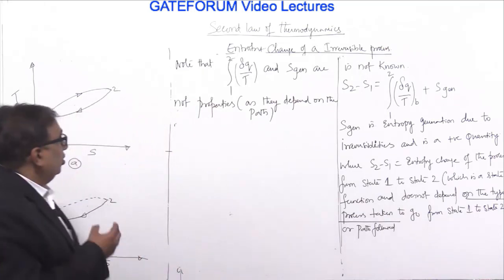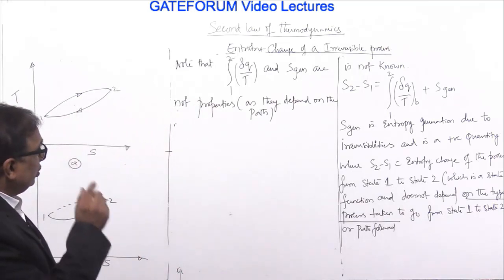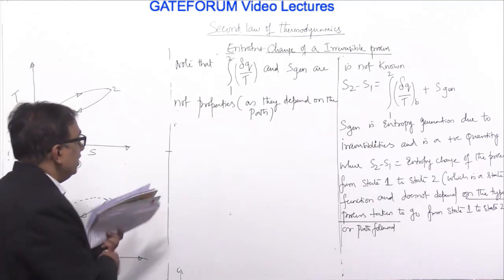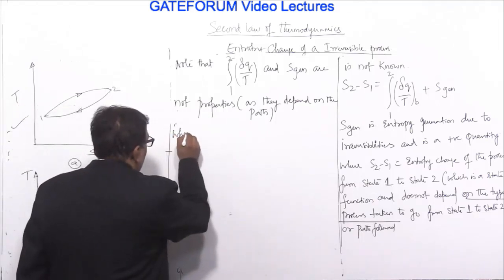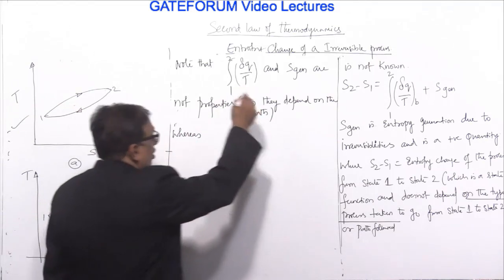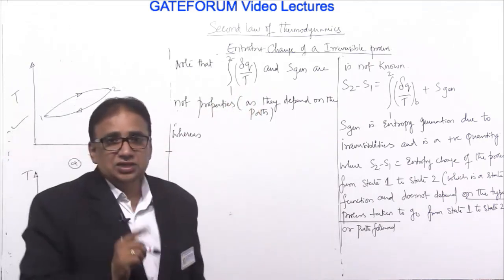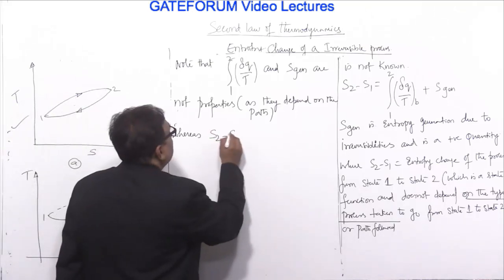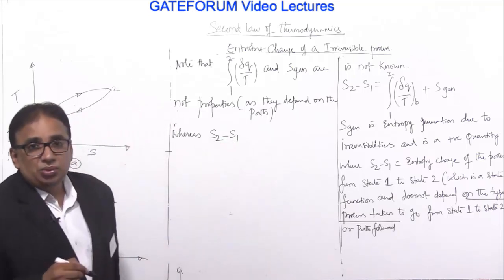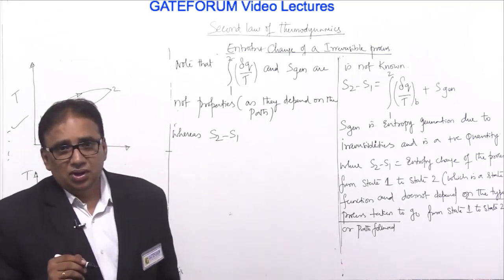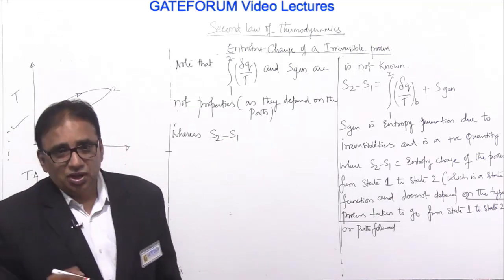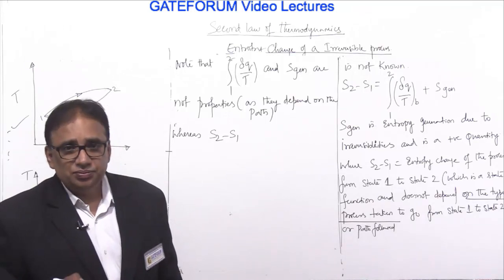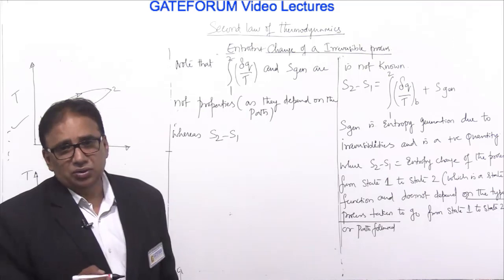So dq by T and S generation are not properties, as they depend on the path. Let us say this is you, and what is me? Myself is S2 minus S1, because I am bothered about how fast you come. How you are coming is up to you, but finally I see that this boy has to come in time, in 12 hours or 24 hours.